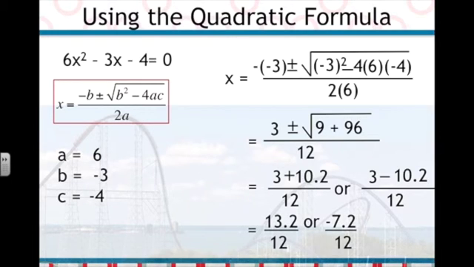So we have two roots as 13.2 over 12 and negative 7.2 over 12. We can use the calculator to simplify these values, and we have our two roots. 13.2 over 12 equals 1.1, and negative 7.2 over 12 equals a negative 0.6.